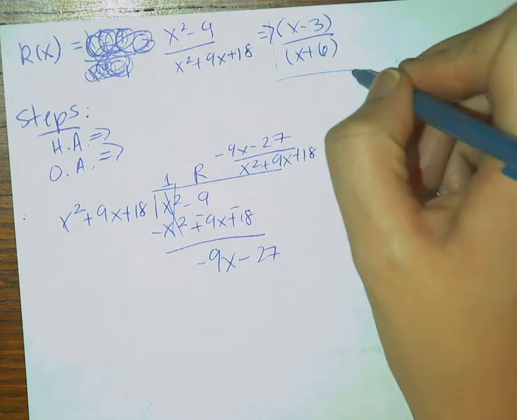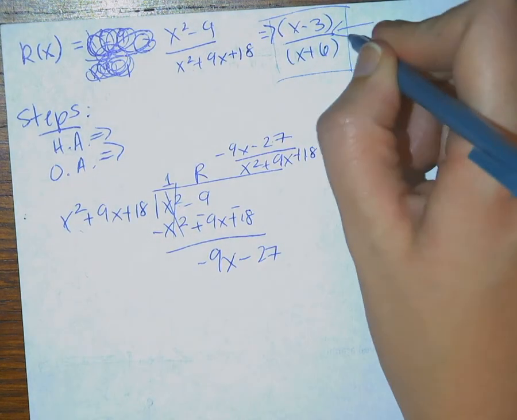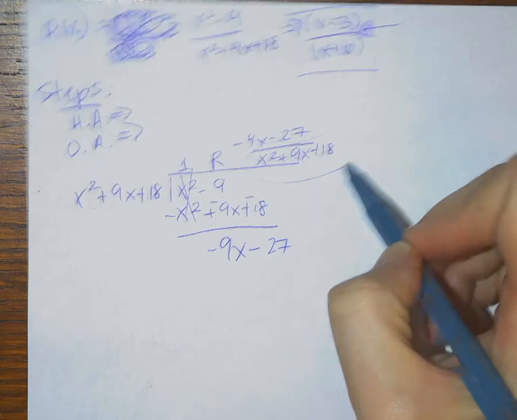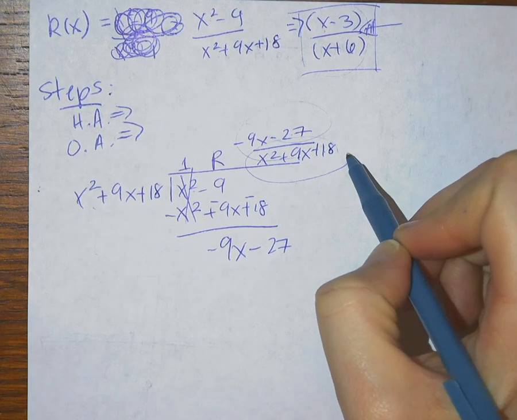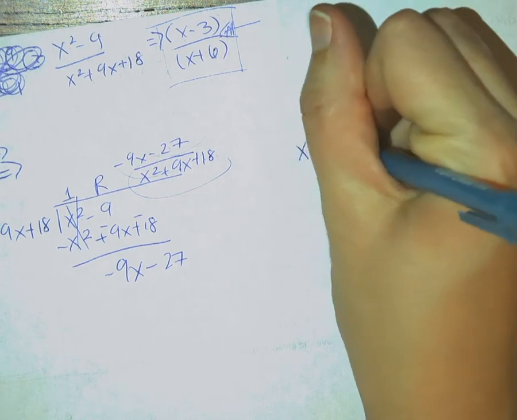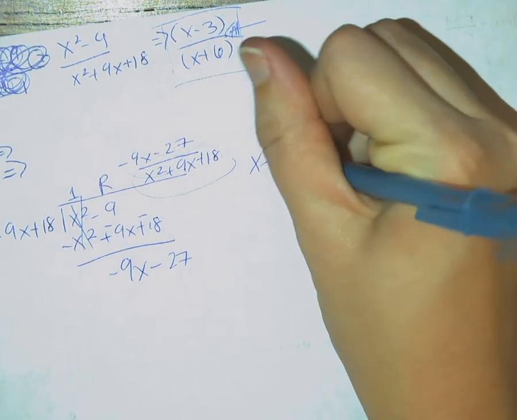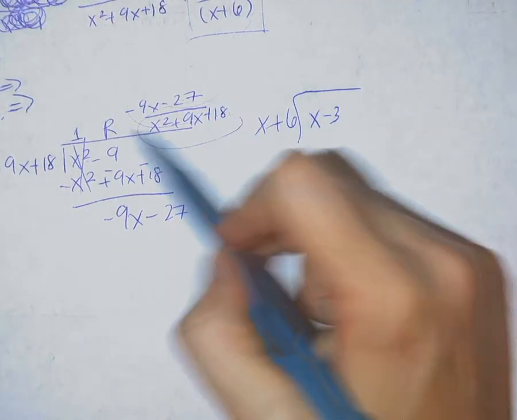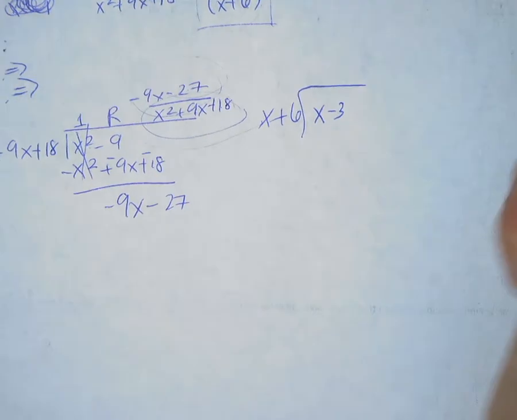So it actually would have been smarter for me to divide these first. Here, I can look at these, and I can see that they both have an x plus 3 in them, if I want to divide those. But if I had originally divided x minus 3 by x plus 6, I wouldn't have this complicated remainder here.